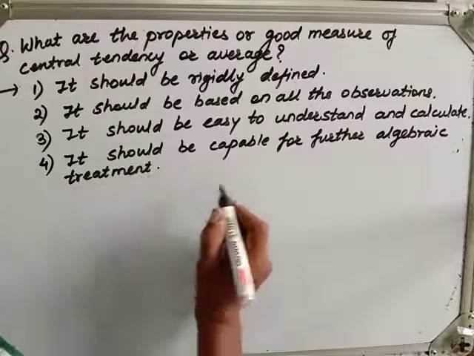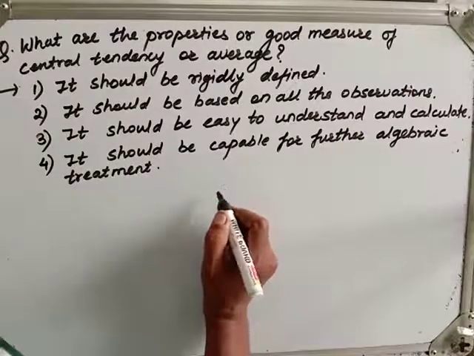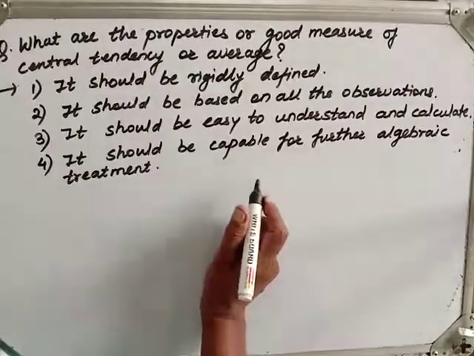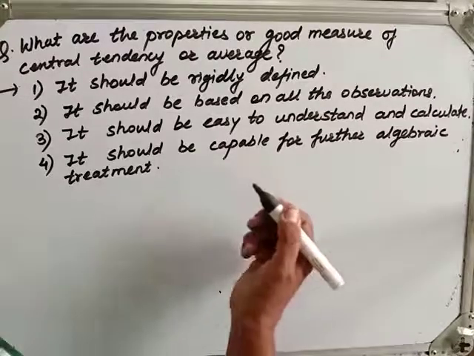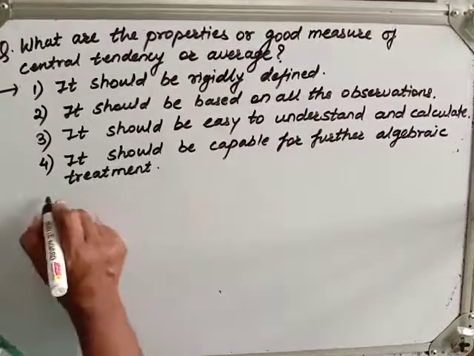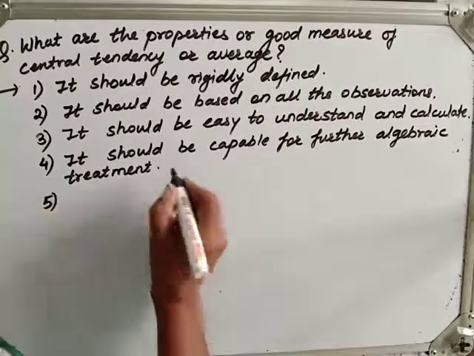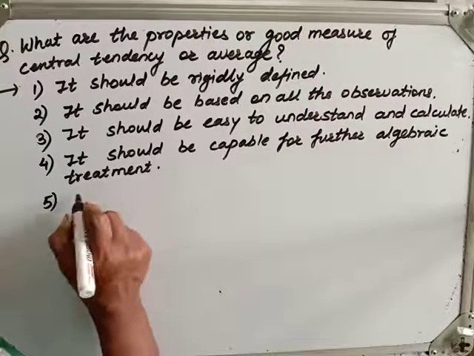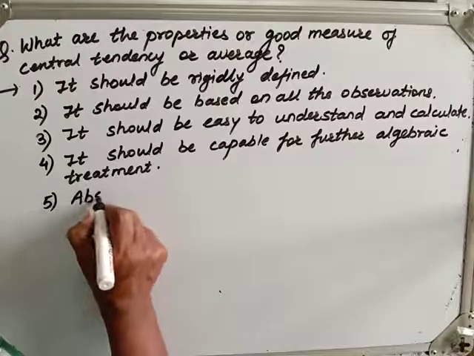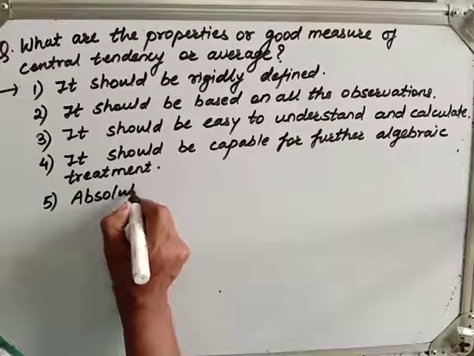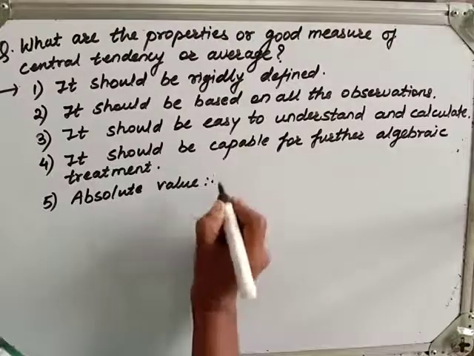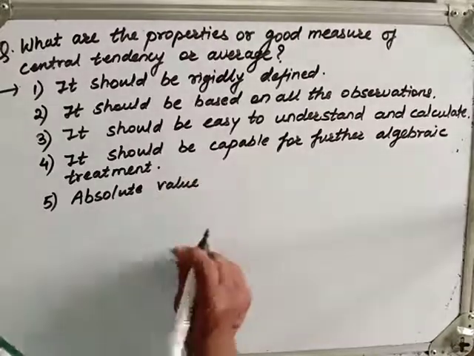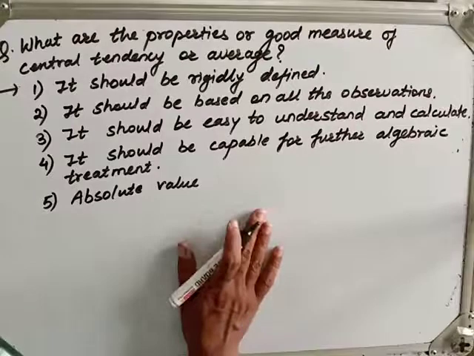After computing the average, it should be used to study any statistical method like correlation, regression, kurtosis, skewness, etc. It should be able to help us there. Now the next thing, the absolute value. It should be an absolute value, means it is not a decimal, fraction or percentage.